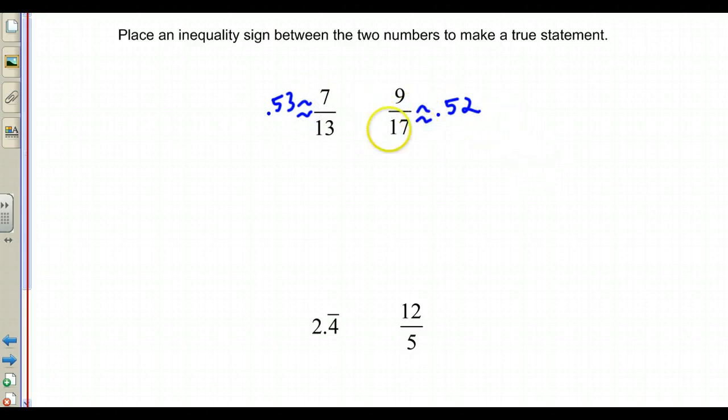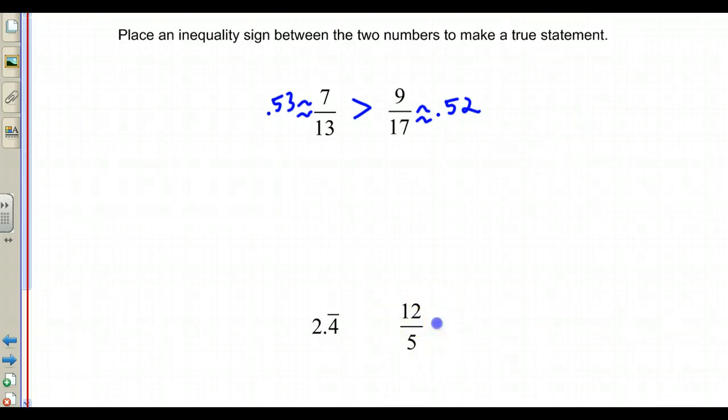And so you can see which one is bigger, and if you remember from a long time ago when you first learned inequalities, the alligator opens up to the bigger number, it points at the smaller number, and 0.52 is definitely smaller than 0.53. So we're saying 7/13 is greater than 9/17. And so that would be the method that you use to do this.